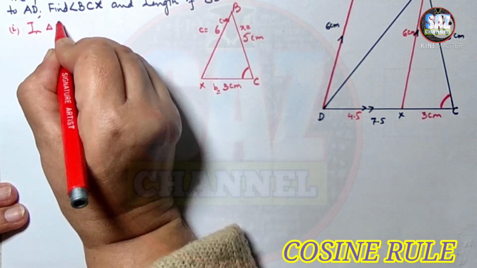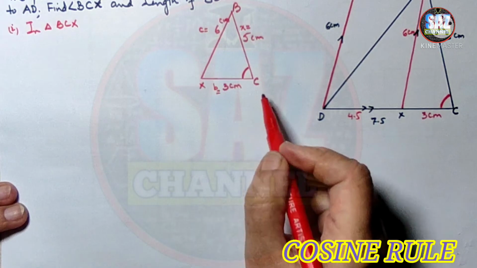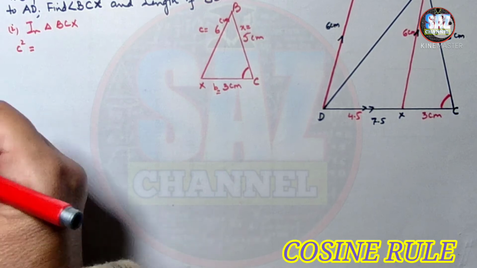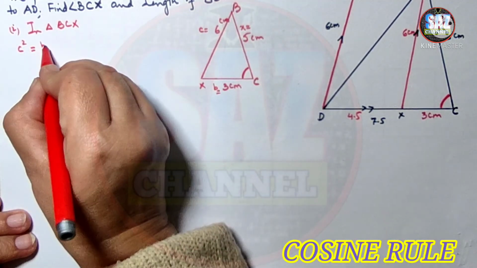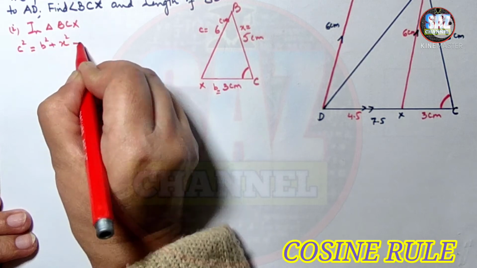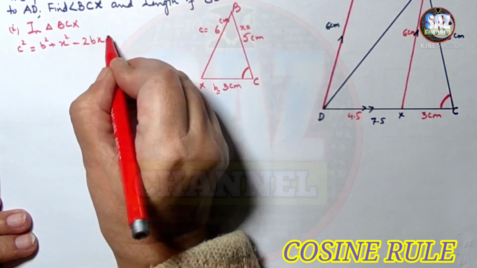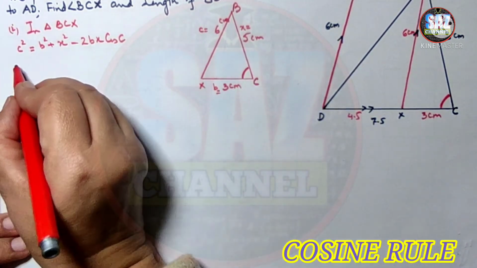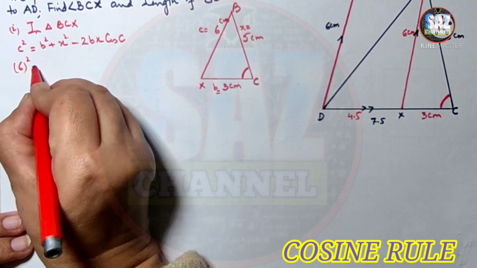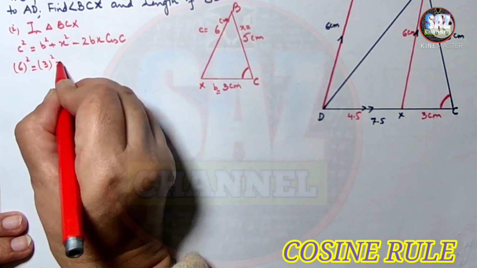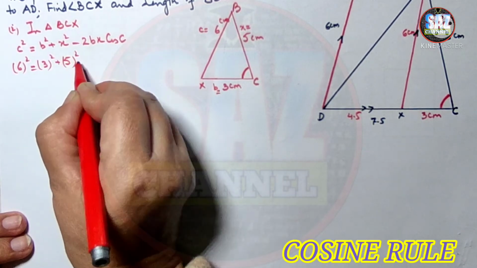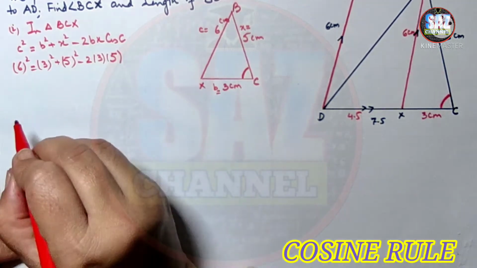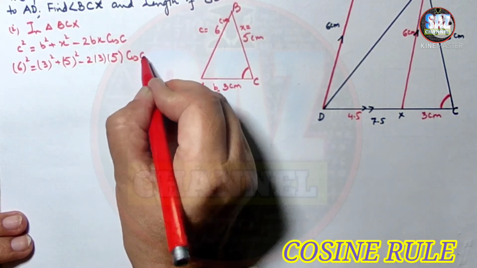In triangle BCX, c square will be equal to b square plus x square minus 2bx cos of angle C. Okay, now look at the diagram. c has the value 6. 6 square equals 3 square plus 5 square minus 2 into 3 into 5 and cos C, or BCX as it is. That is the requirement of the question.